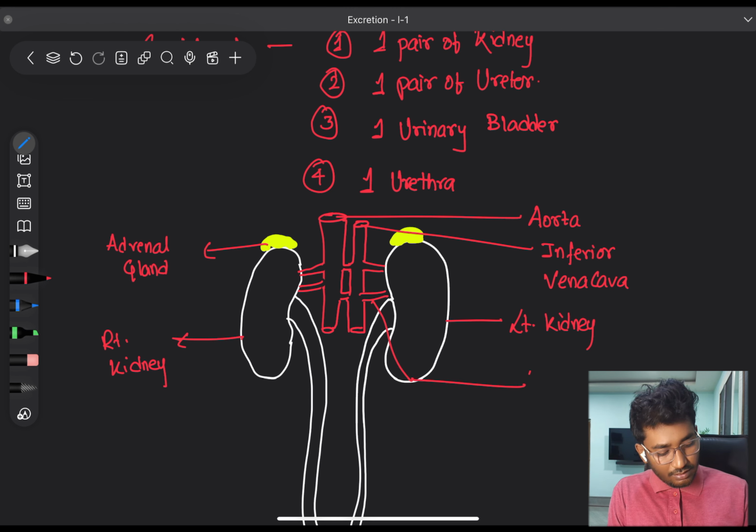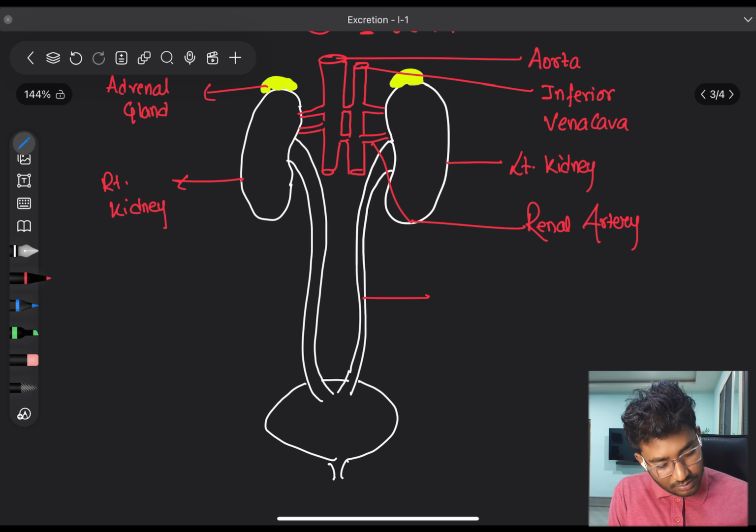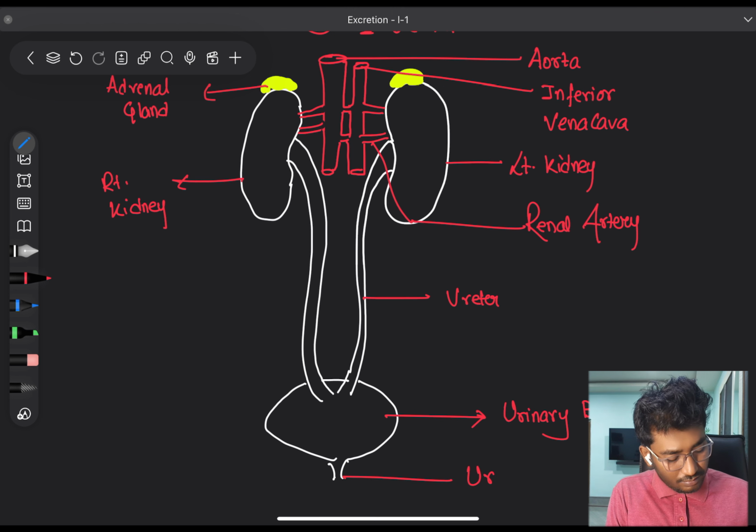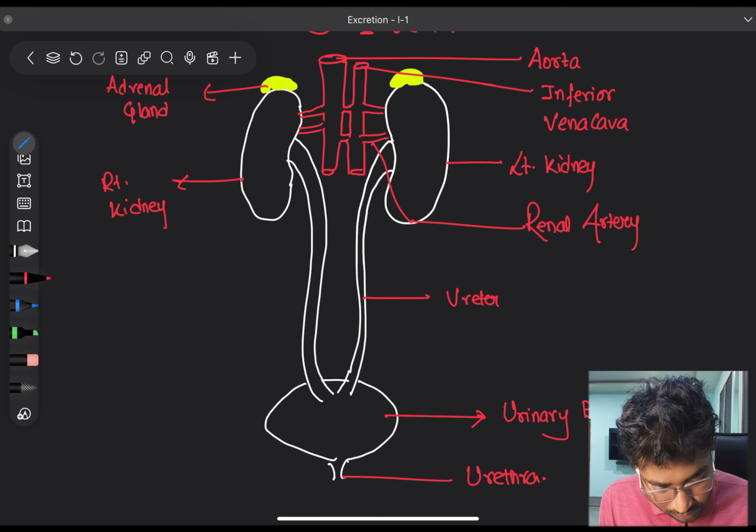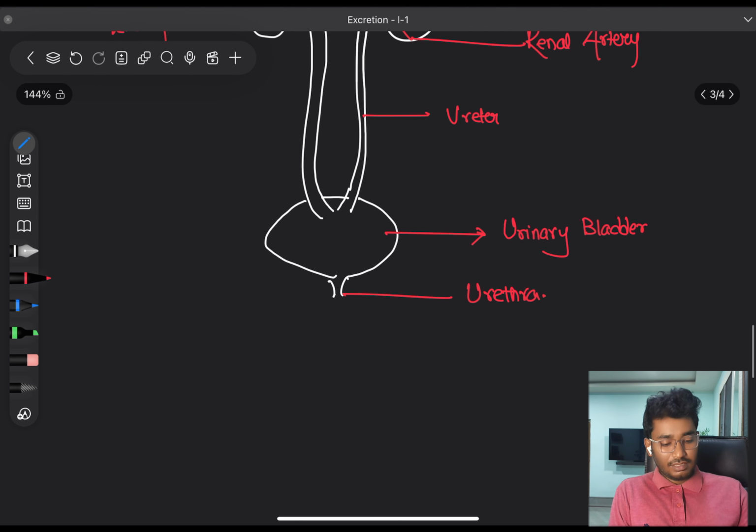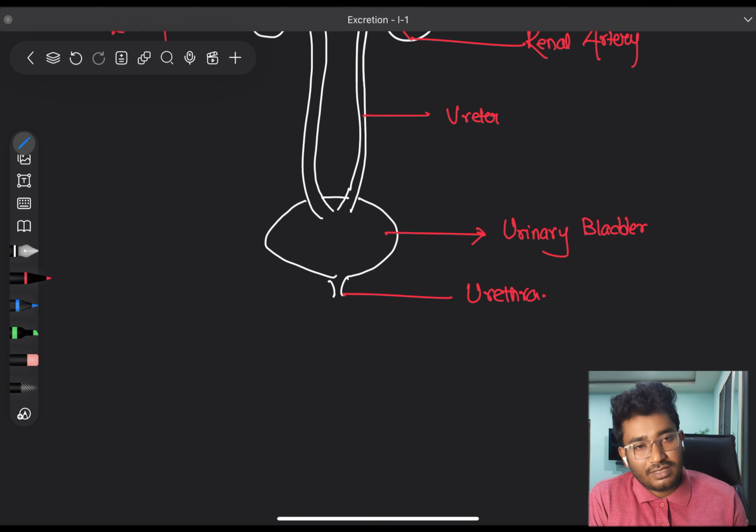These are the renal arteries. These are the ureters. This is the urinary bladder. This is the urethra. And it's a renal vein. Okay. This is the basic structure of a human excretory organ, the kidney.